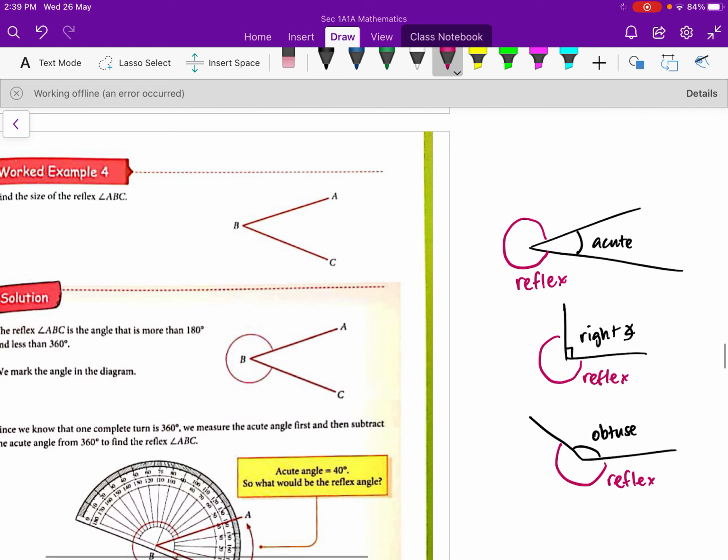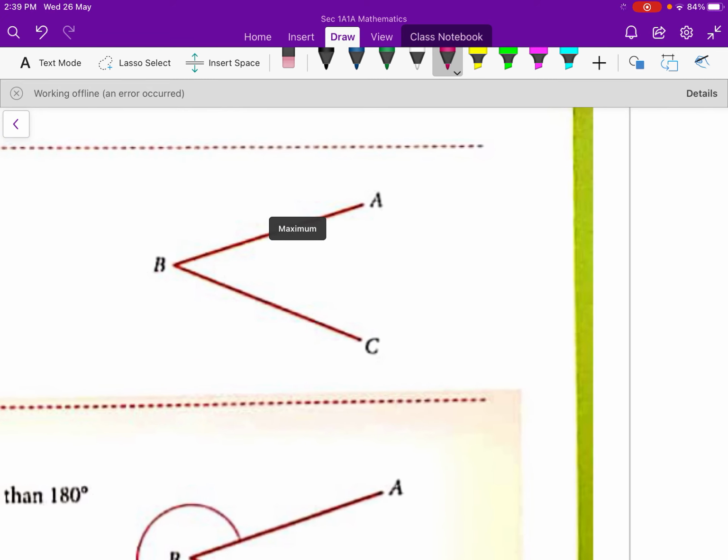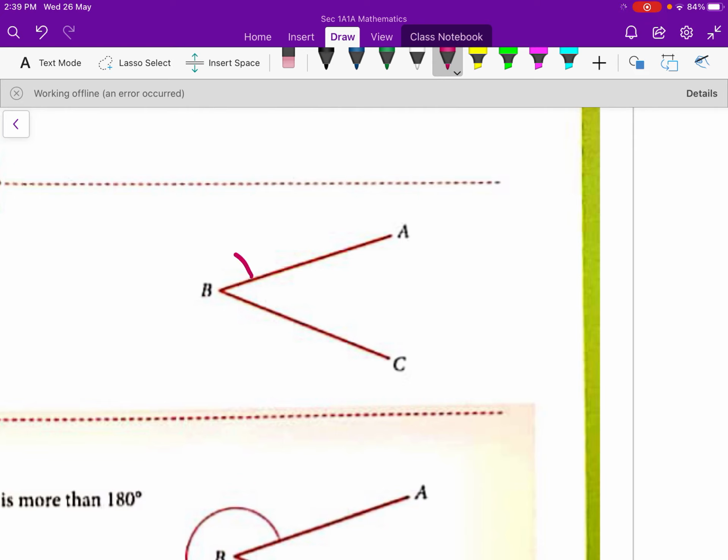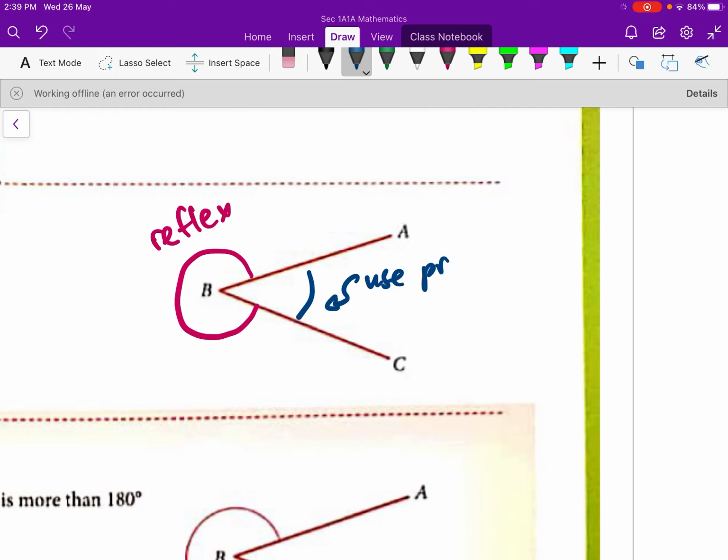So now our protractor can't really be used to find the reflex angle ABC, which is this one, because this angle is greater than 180 degrees and our protractor only has up to 180 degrees. So we're going to use a little trick. That is, we use our protractor to find this acute angle. Once we manage to find this value, all we need to do is just subtract this from 360 degrees.